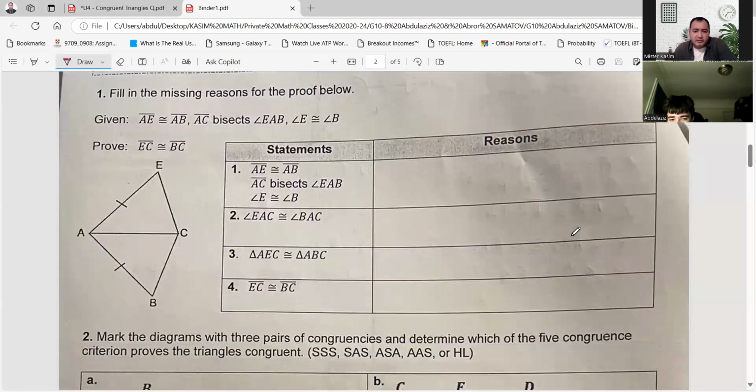I'll show this, and you can show it to your teacher. Okay, let's have a look at another question. Read the question. Fill in the missing reasons for the proof below.